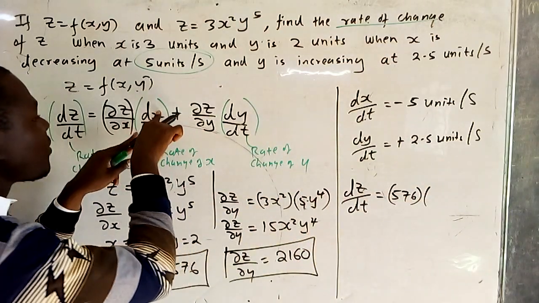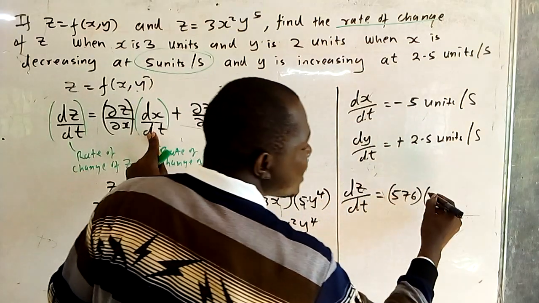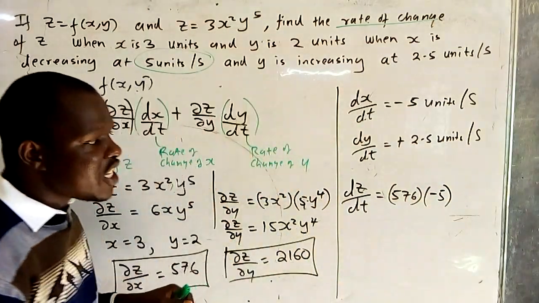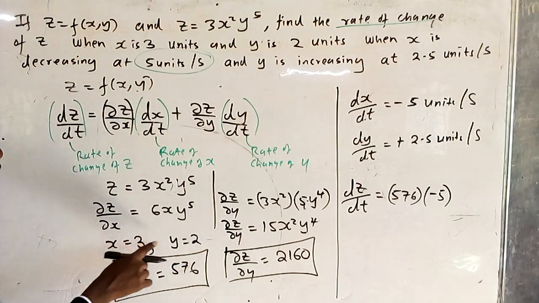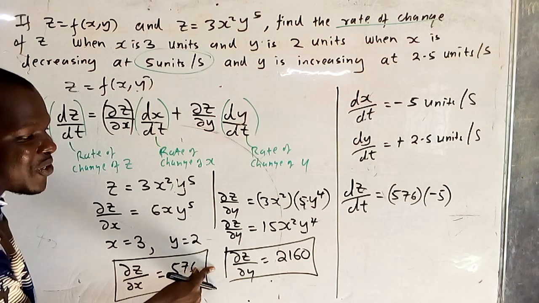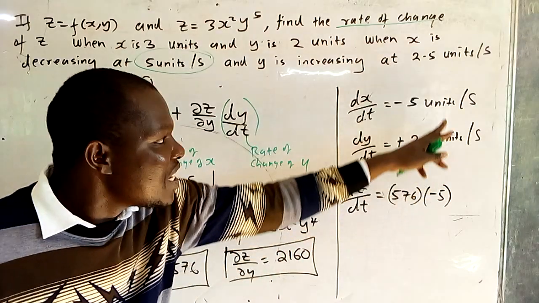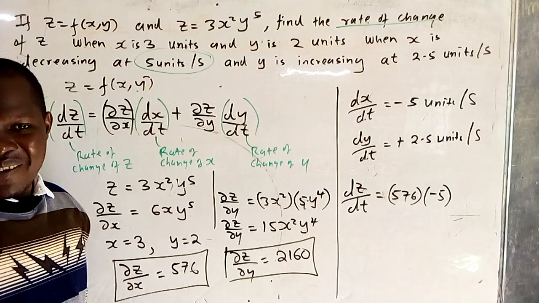Then it is times the rate of change of x, which you found to be negative 5. Remember the units are the same. These are units squared because x was unit, y was unit. So units squared, if you multiply with a unit, you get units cubed per second. Are you seeing that? Are we together?